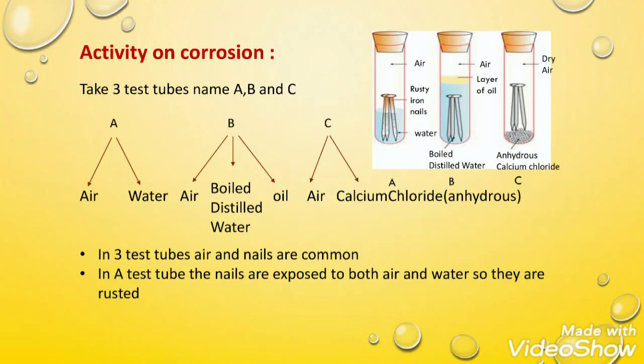So C for calcium chloride, B for boiled distilled water, A for air. You can remember it in this way and write without confusion in exams. After completion of the activity, you can understand easily that in test tube A, the nails exposed to both air and water are rusted.